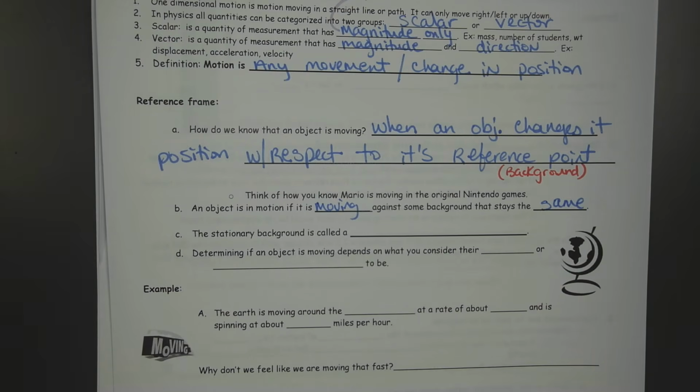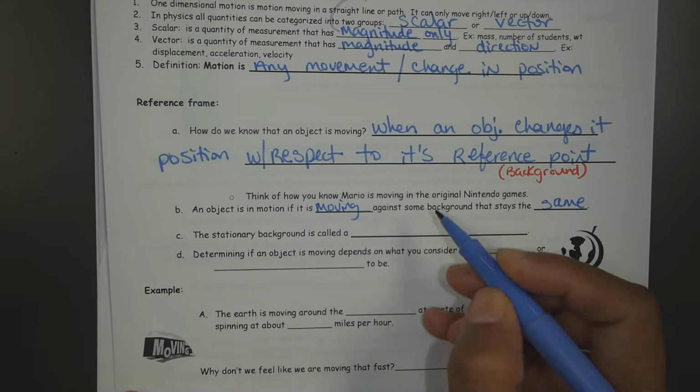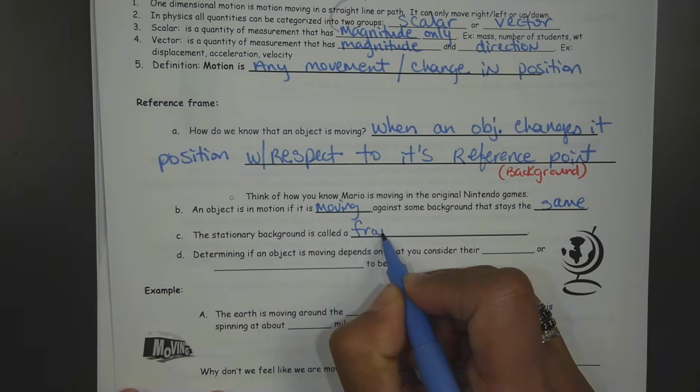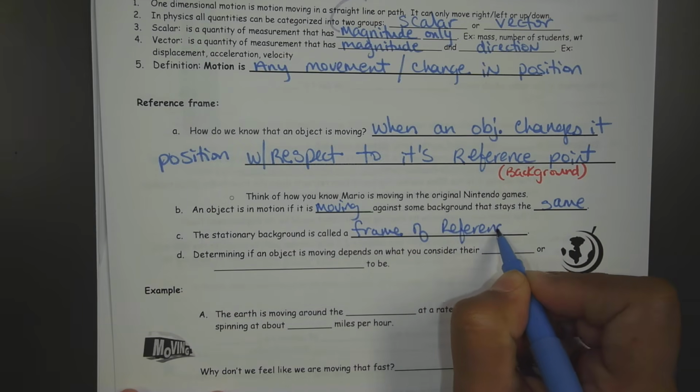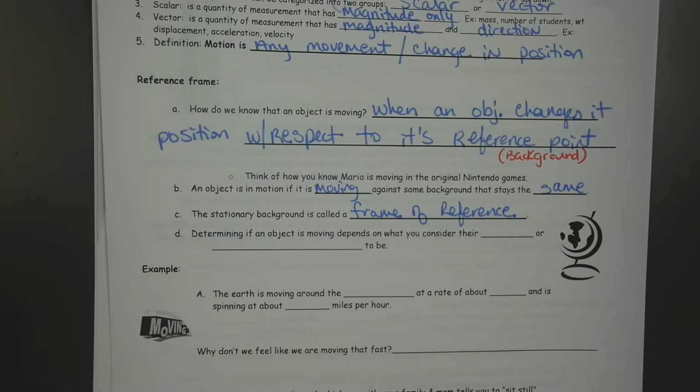It says here that stationary backgrounds are going to be called the frame of reference. And that would be like, for an example again, the desk, your chair, your water bottle, your backpack. Those are stationary objects that are not living, that don't have feet and can't get up and move by themselves.